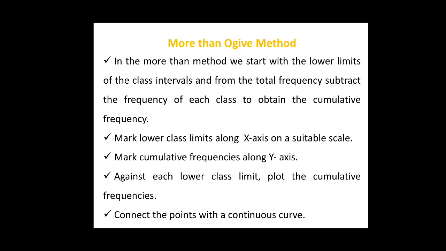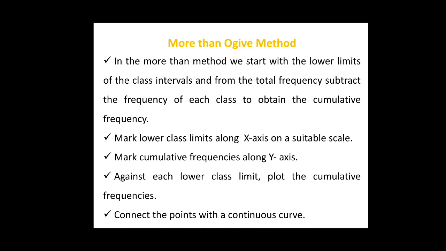Then mark cumulative frequencies along the y-axis on a suitable scale. Against each lower class limit, plot the cumulative frequencies. Then connect the points with a continuous curve. The curve so obtained is the more than ogive or more than cumulative frequency curve.